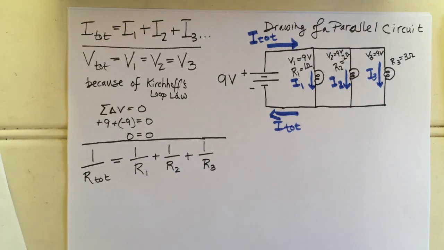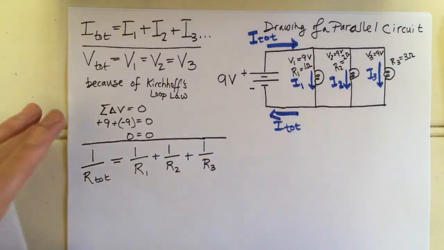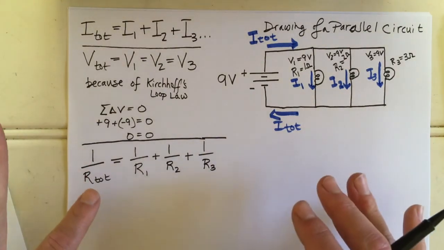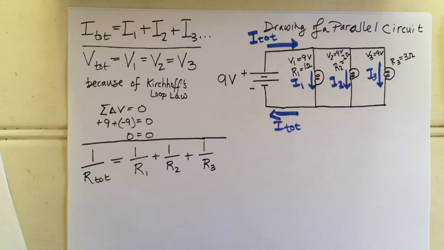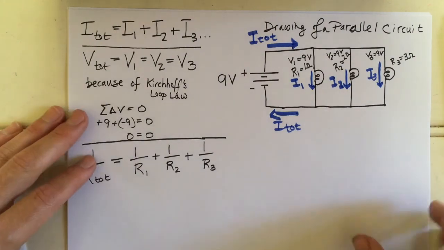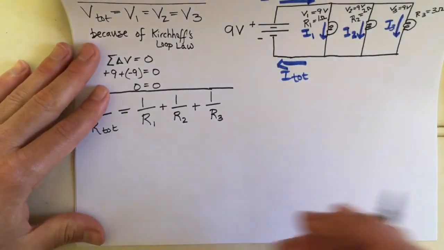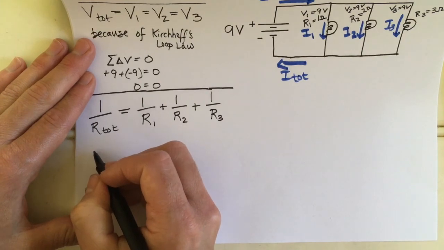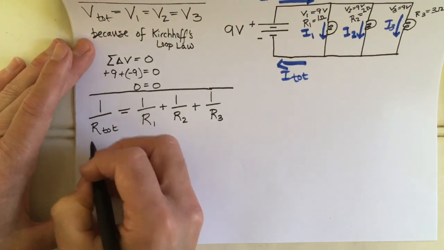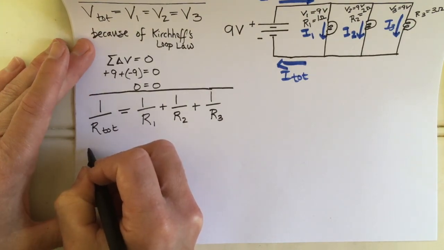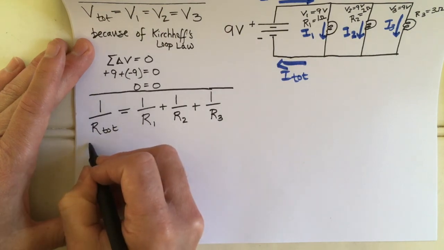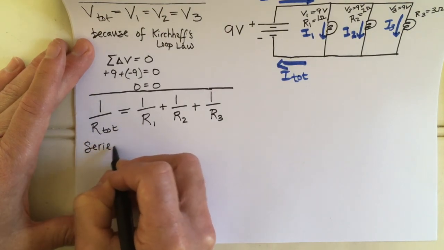Now, why is this important, or how does this make sense? What this formula says, and this is kind of a key idea, is... let me write this down. Before I explain this, let me point out why this is different from series.